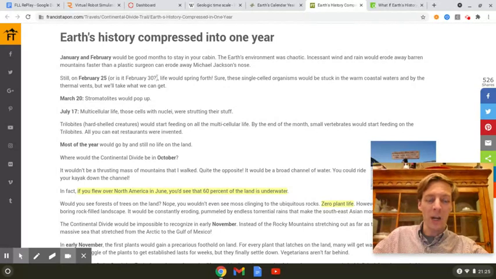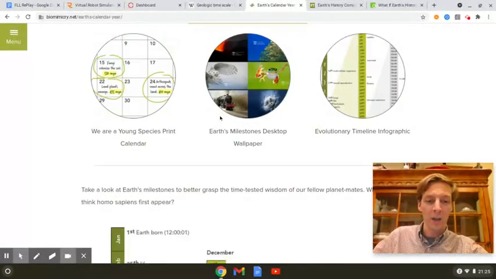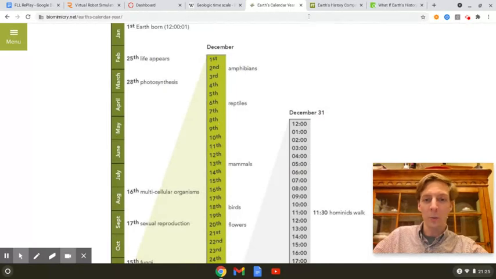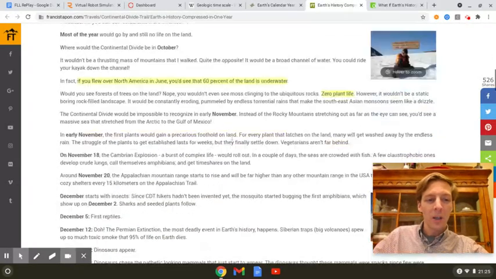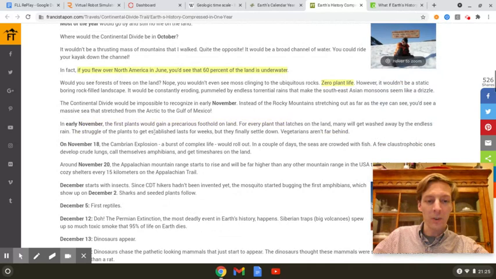February 25th, life springs forth. The first cellular life. When did this one say? February 25th, we get life. So there's this, right? Early November, first plants come out of the ocean and start to be land plants. And we change the atmosphere because when you have plants, you have photosynthesis.